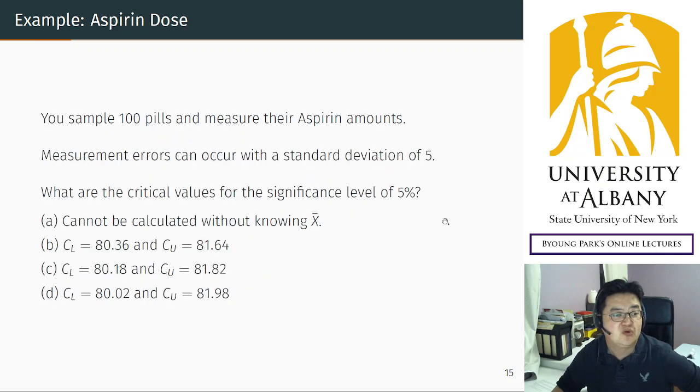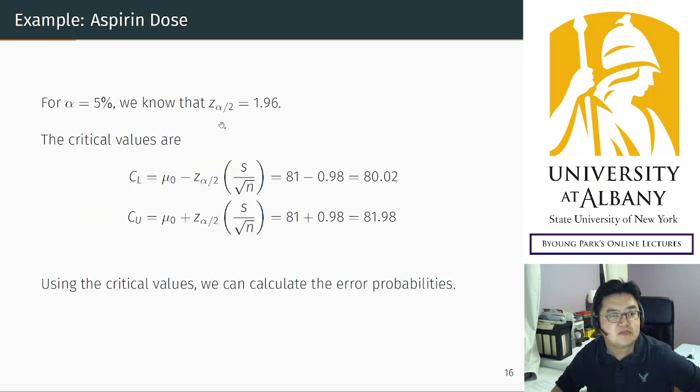We used 5%. So the z value that corresponds to 5% is 1.96. It is the top 2.5% value. So this corresponds to 5%, and we have used this number many times already. And then, given this, the critical values are calculated this way.